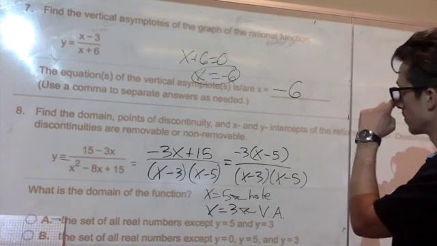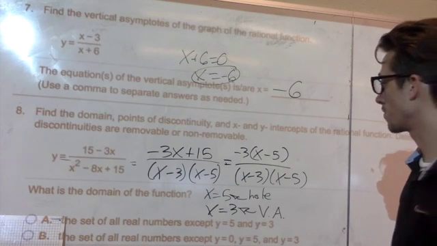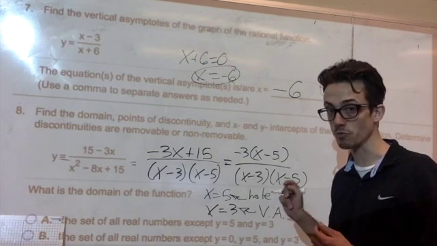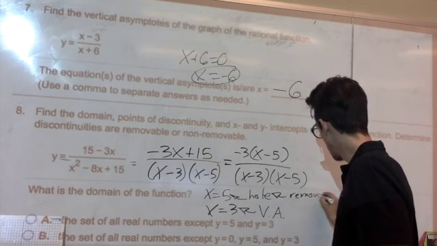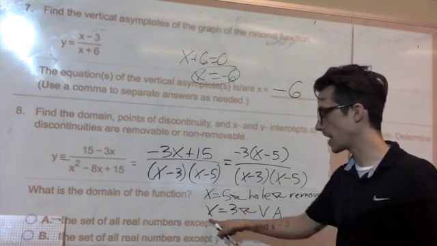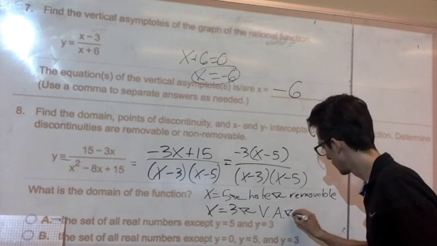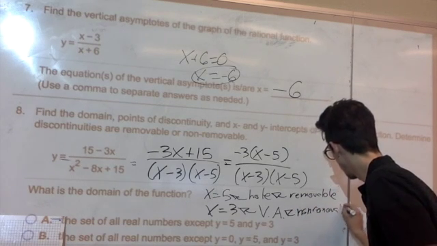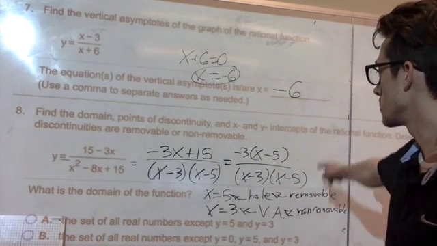What else are they asking for? X and y intercepts, determine if the discontinuity is removable or non-removable. So since x equals 5 is a hole, we would say that this is removable. And since x equals 3 is not a hole, we say that's non-removable. They also ask for the x-intercepts and the y-intercepts.